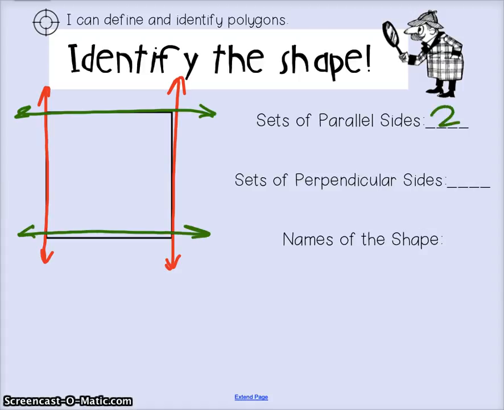What about perpendicular? These intersect here, here, here. That's 4 sets. I noticed that the edges and the vertices were the same number all the time. This isn't the same number. The names of this shape are square.